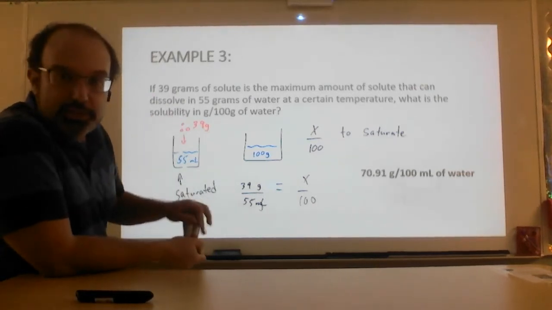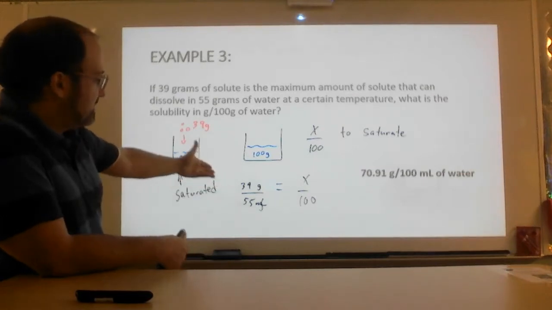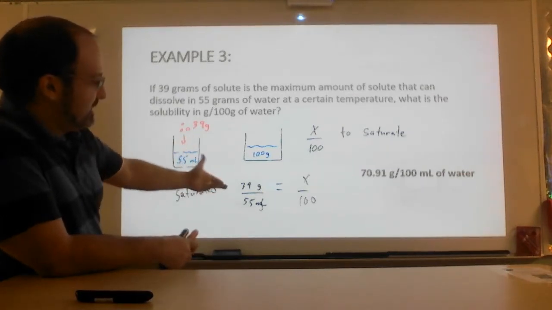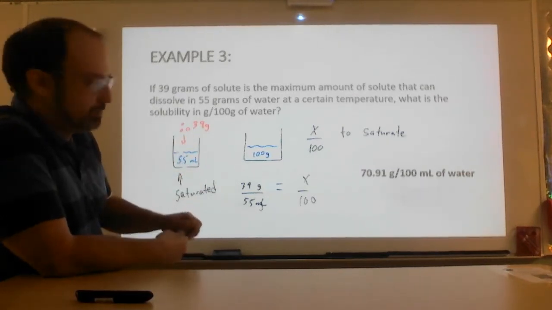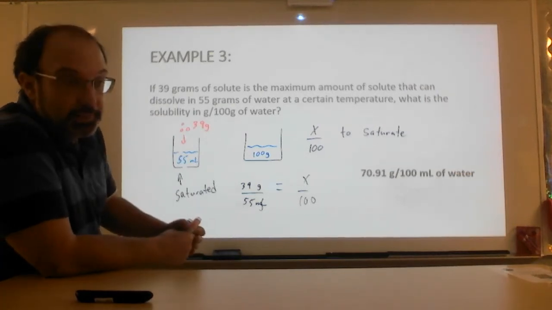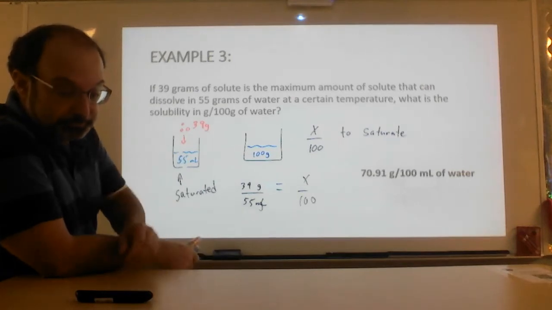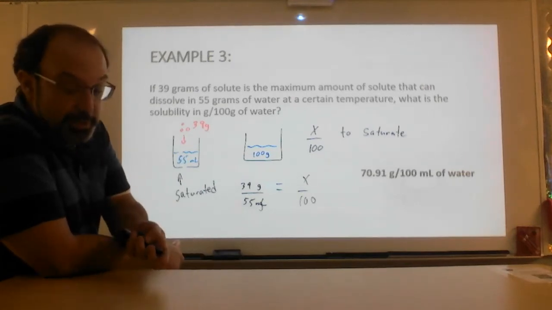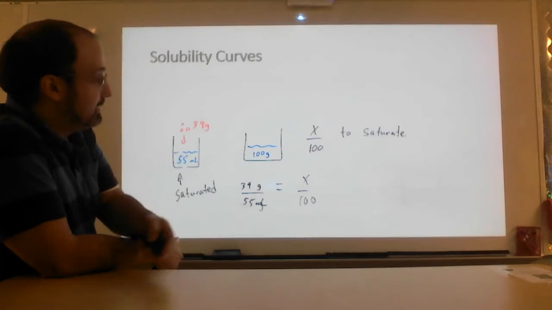Basically, we're looking for percentages, right? What is the percentage of solute in the solvent here? So 39 divided by 55 will tell us a percentage. About 71%. That's it. That's what we're doing. Not all the math has to be hard, guys. Sometimes it can be easy.